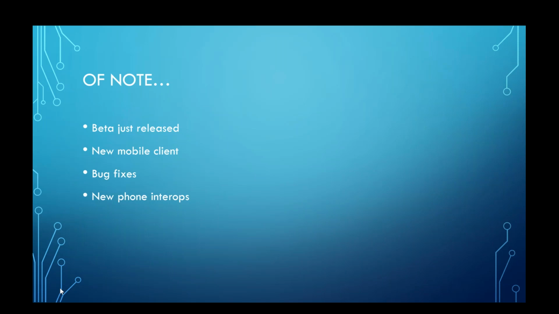With those changes, the UI has been redesigned, so it's a lot more tidy. The Android app now can move and roam between Wi-Fi and 3G or 4G. So if you answer a call on Wi-Fi and walk out of range of the access point, the call's going to keep on going, which is really cool.